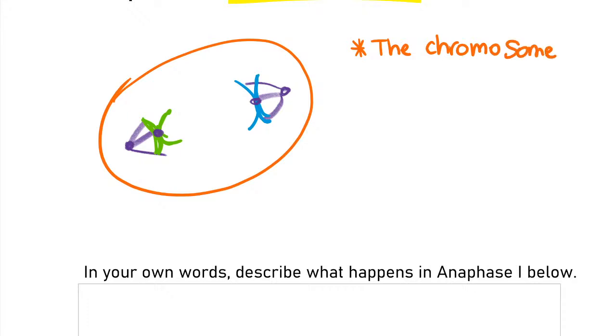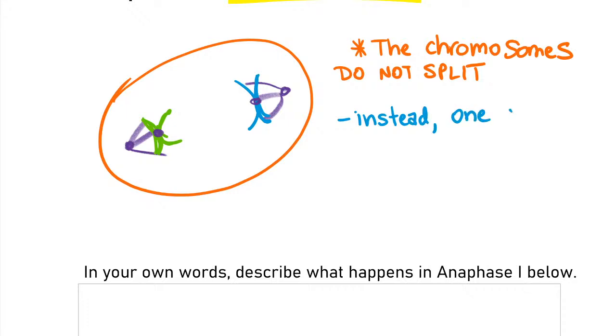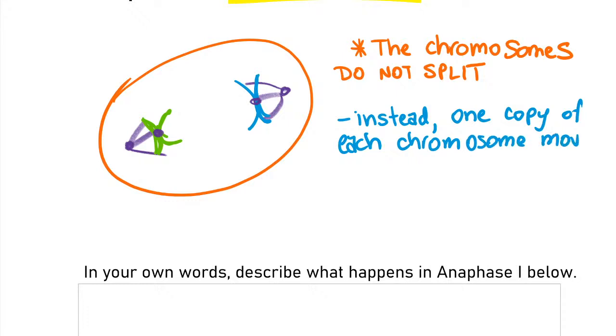This is the big change from mitosis. Instead, one copy of each chromosome moves to each pole.